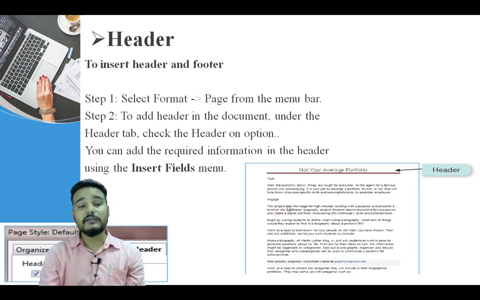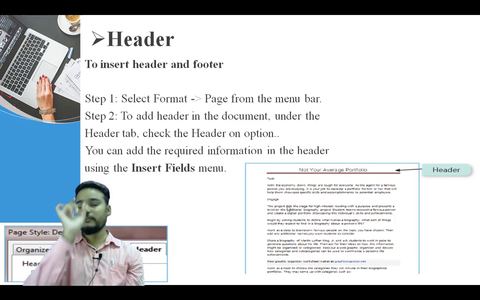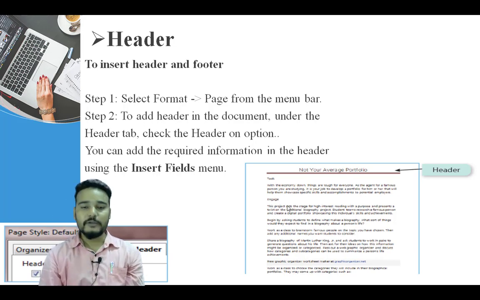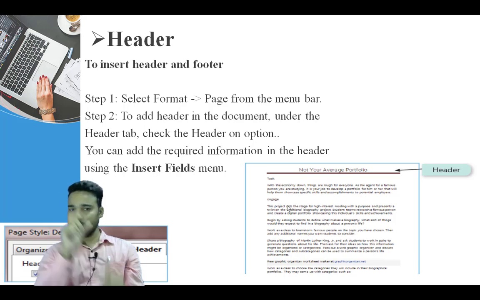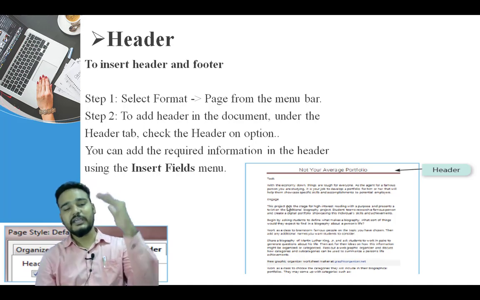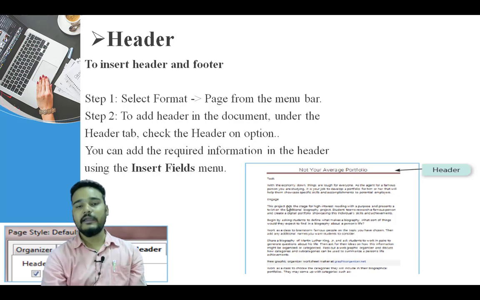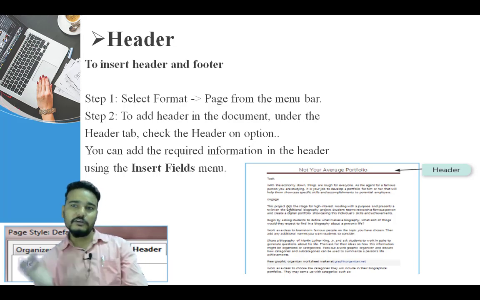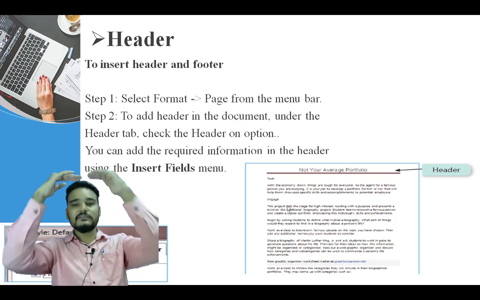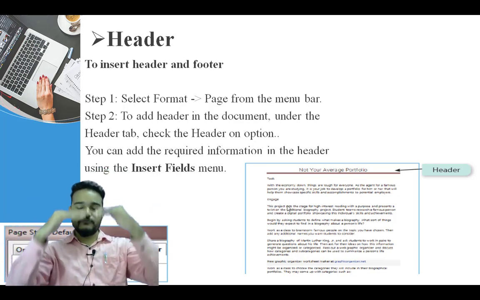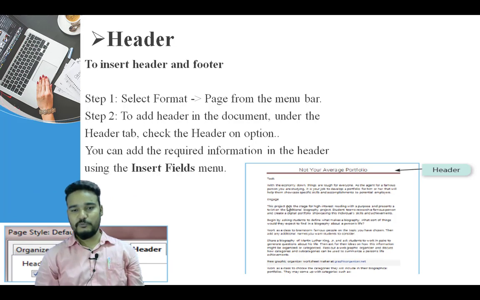To do that, first we will click on the format menu, then from that we will select the page option, and there you will select the header and footer option. So footer is a different one, header is a different one. Header means head, which will be at the top of your page, and footer will be at the bottom of your page.